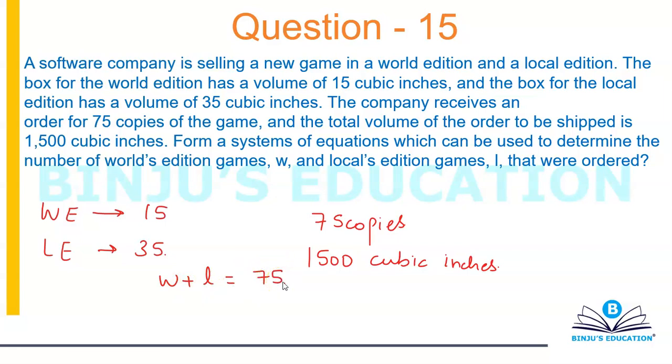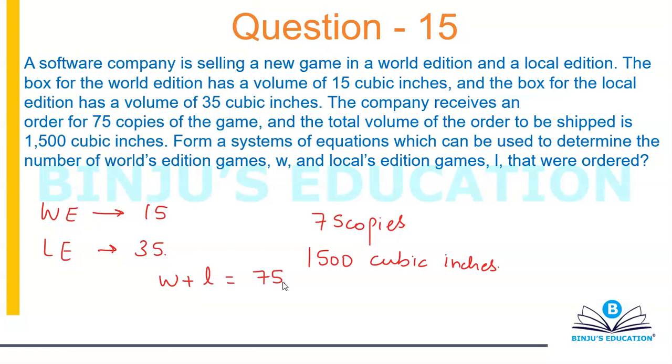Because W represents the total of world edition games sold and L represents the number of local edition games sold, or basically the number of boxes sold, whichever way you want to call that. So W plus L will be equal to 75.